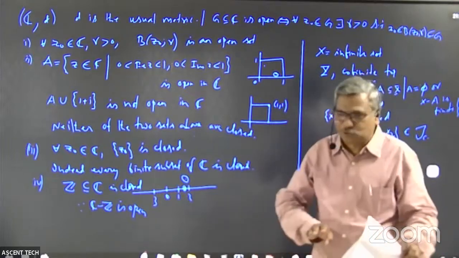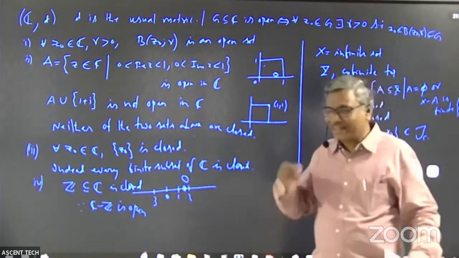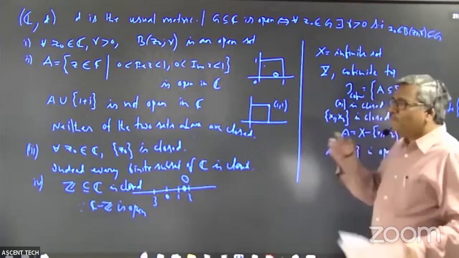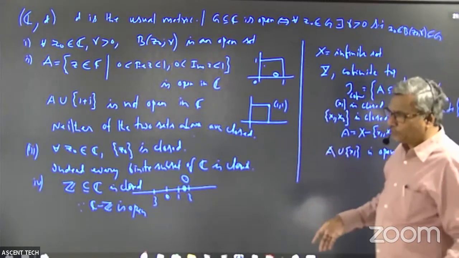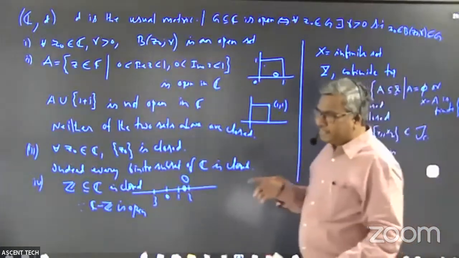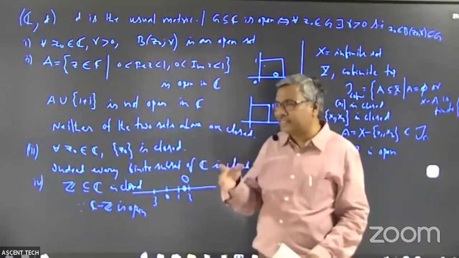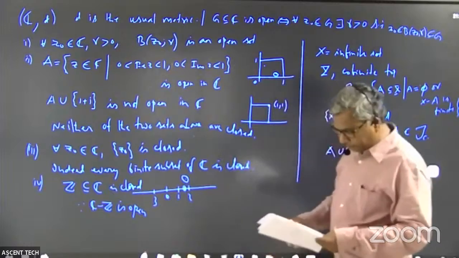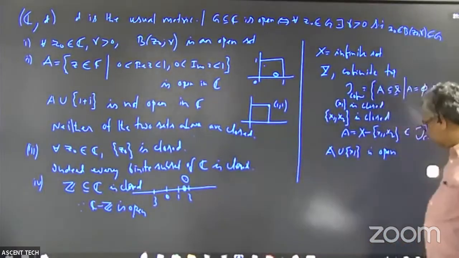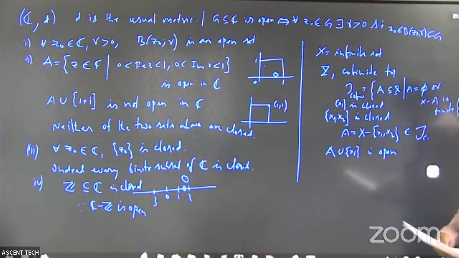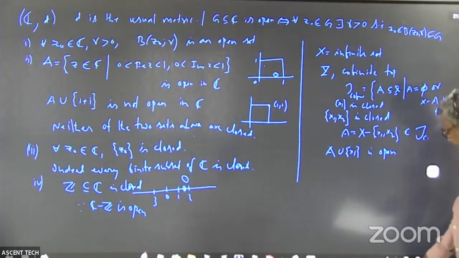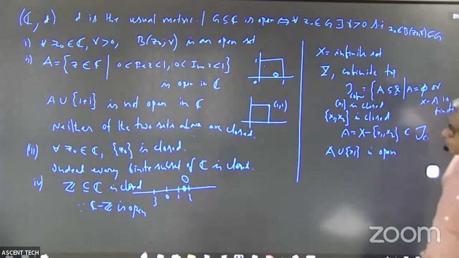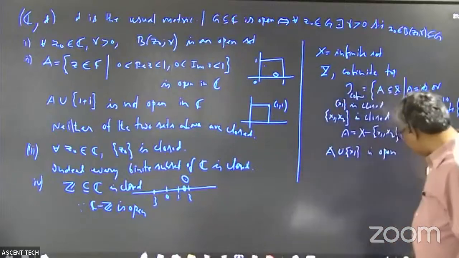So we have to take our definition like this: topology is closed under finite intersection and closed under arbitrary unions. Let's go to the next page. Some more examples, I'll give you about four or five.